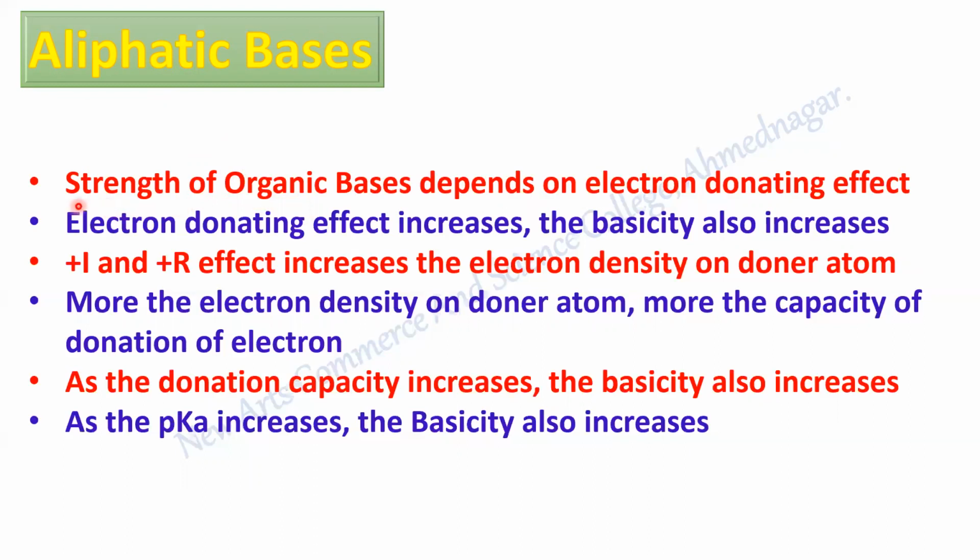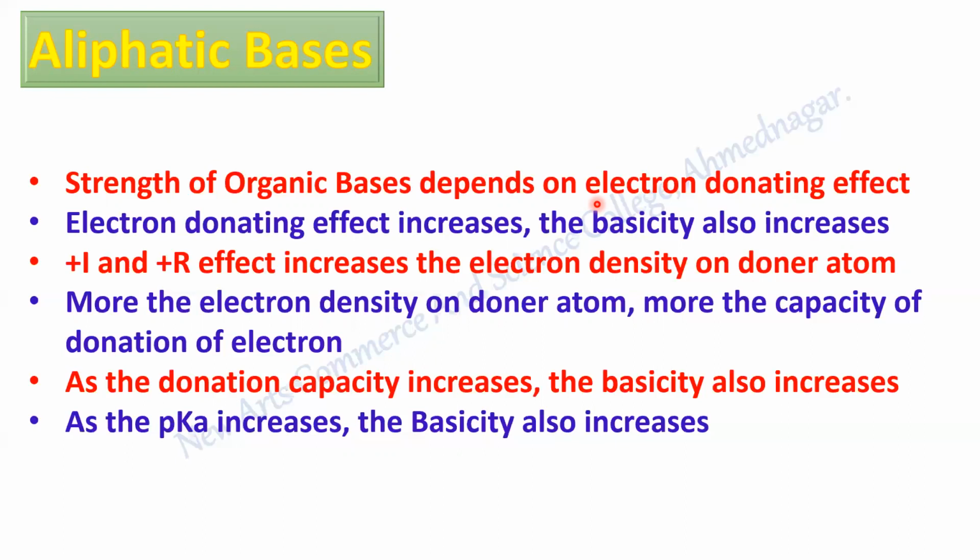The first one is that the strength of organic bases depends on the electron donating effect. When we talk about the strength of organic acids, every time we say that the presence of an electron withdrawing group stabilizes the conjugate base; as the conjugate base is stable, the rate of dissociation is fast, and that's why it is a strong acid.